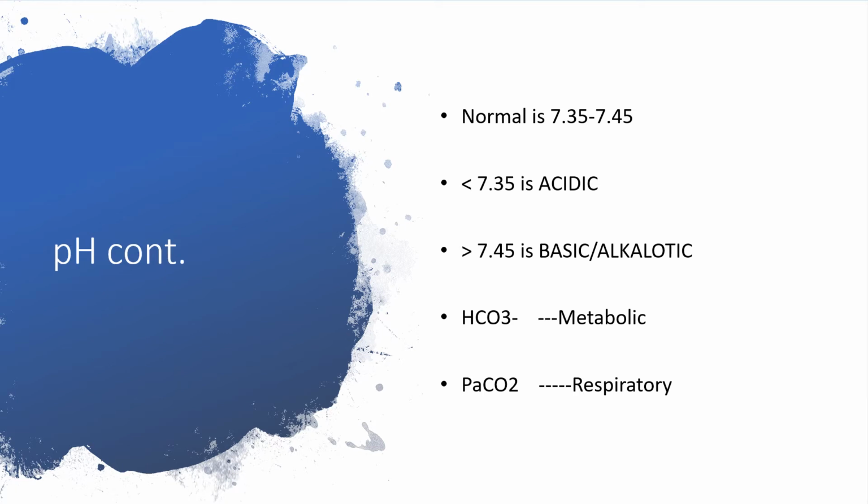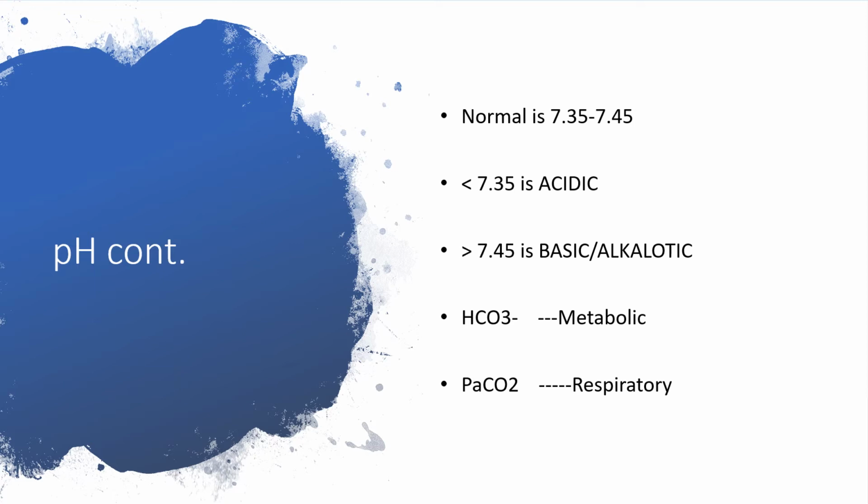Okay, now back to pH again. We have been given the question, or the patient is before you, or the laboratory report is right here. What is the value of the pH? If it's anything between 7.35 and 7.45, that is normal, and then you don't need to bother. But anything less than 7.35 is an acidic medium.